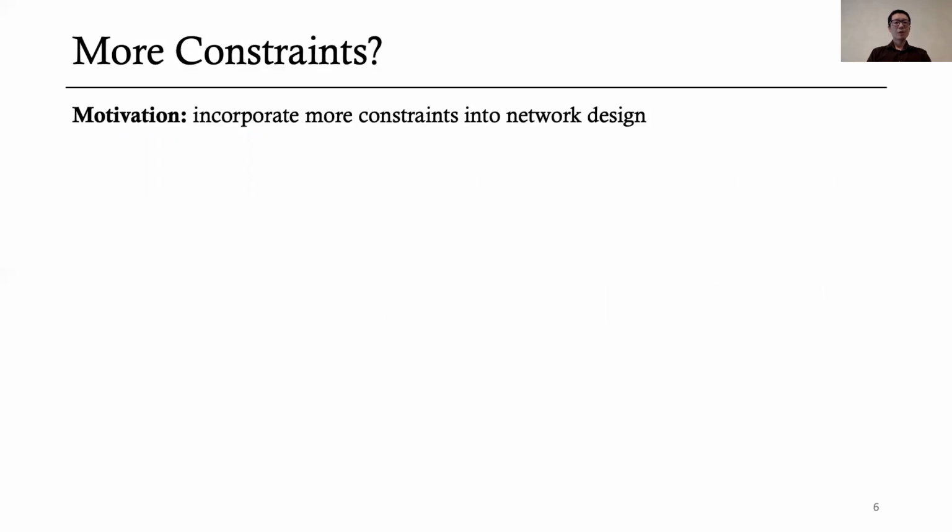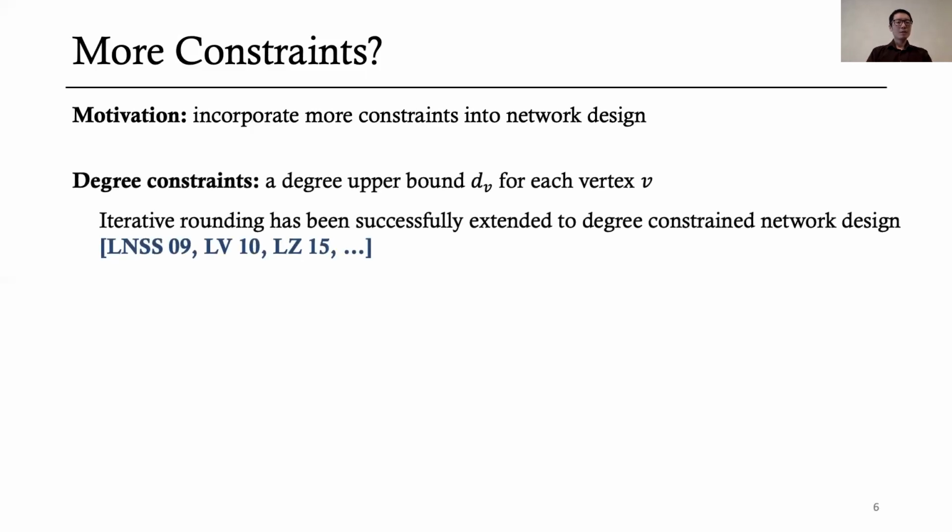Besides connectivity requirements, we may also want to incorporate more constraints into network design. For example, people have studied the degree constraint, where there is a degree upper bound d_v for each vertex v in the graph. And the iterative rounding technique has been successfully extended to degree constrained network design.